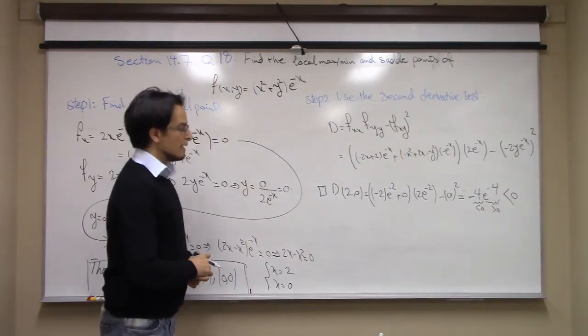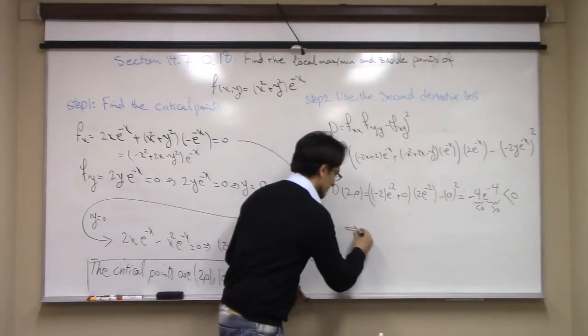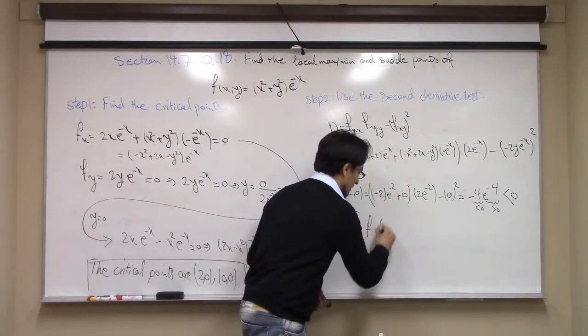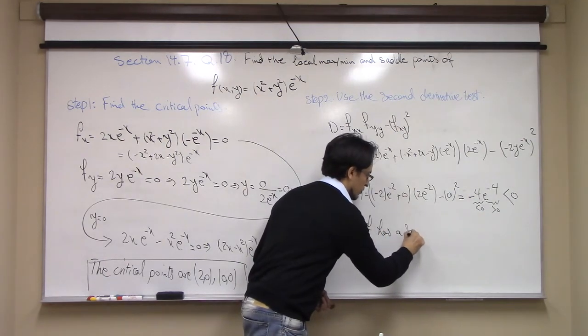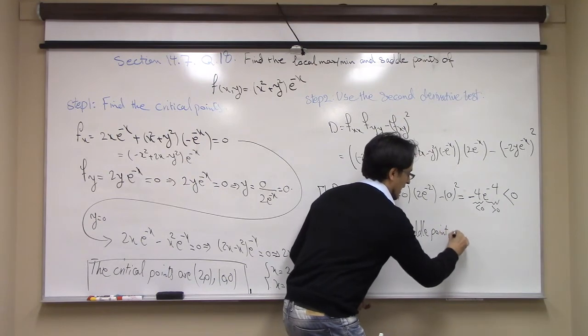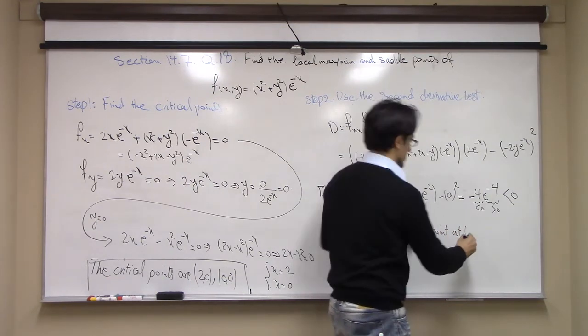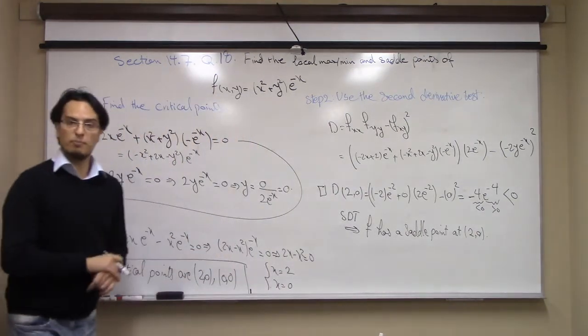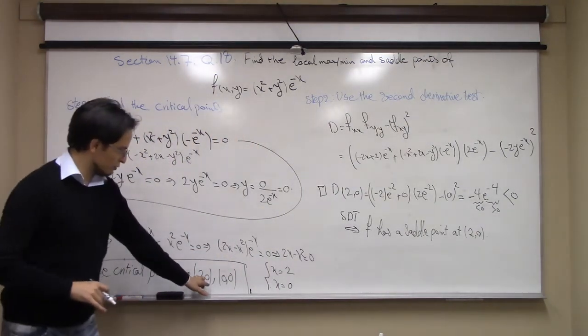If the whole thing is negative, then the second derivative test says that f has a saddle point at this point, (2, 0).